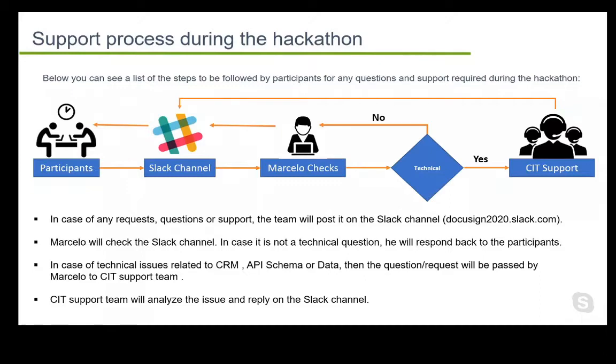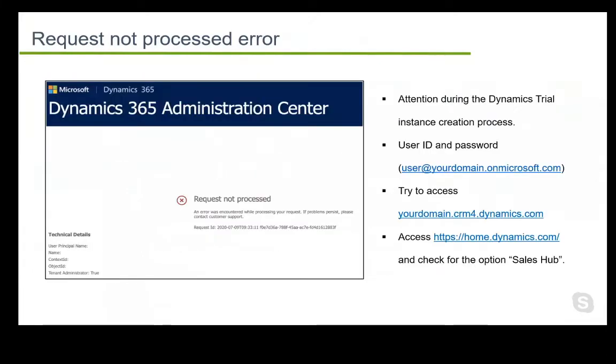So, okay, we had one issue that was raised from two participants that they were getting this message, request not processed, when they try to access their Dynamics trial instance, okay? So basically, this is an issue related to some step that you missed during the creation of the Dynamics trial instance.